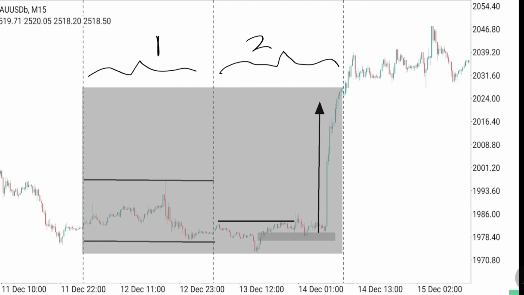You see that day 1 was characterized by a range. This is the range, this is the accumulative phase, and on day 2 the range was raided by the manipulative move. The current day, day 2, raids the previous day's candle, giving us the low of the day right there.